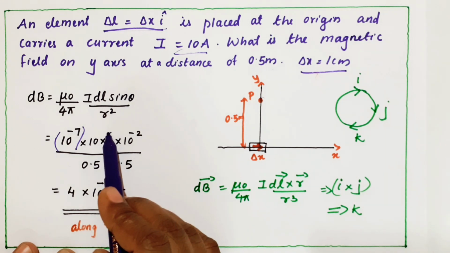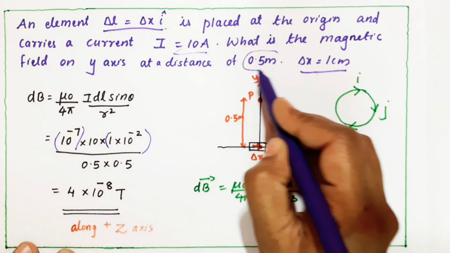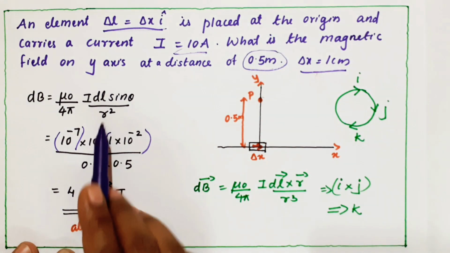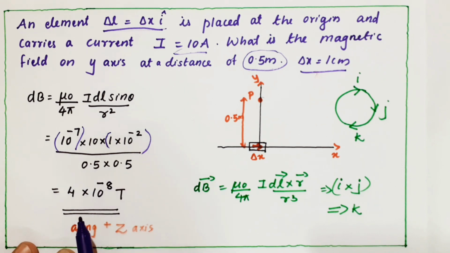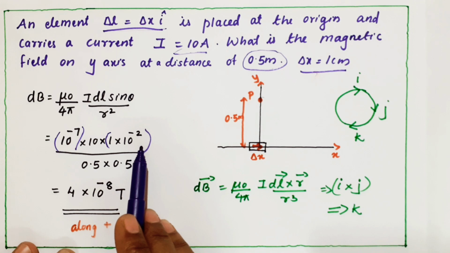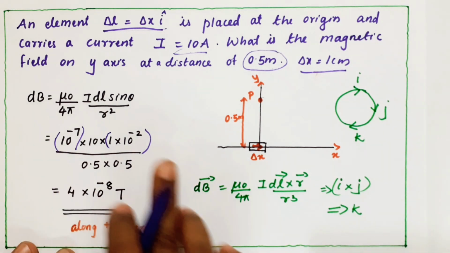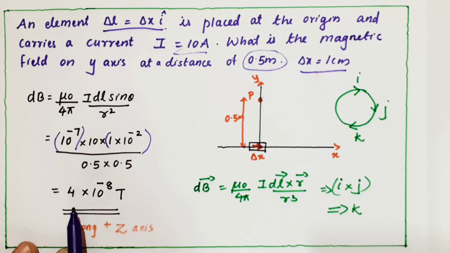I converted 1 centimeter to meter, that is 1 into 10 power minus 2, by the distance, which is 0.5 meter. So we need r square, 0.5 into 0.5. Cancelling the terms, the numerator we get is 10 into 10 power minus 9. Taking to the denominator and cancelling, we get 4 into 10 power minus 8 Tesla.